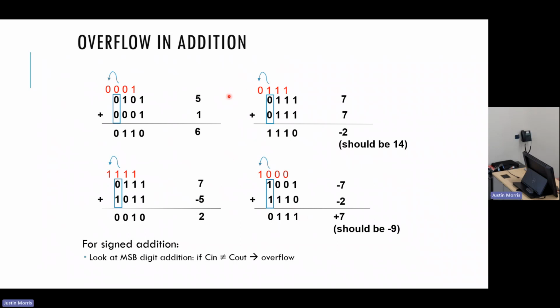So I mentioned that we were going to be using this instead of just throwing it away. This is how we're using it. So we're going to take the XOR between the most significant carry and the carry out to figure out if there's overflow or not. But in terms of your result, you're just always throwing away the carry out. Okay.